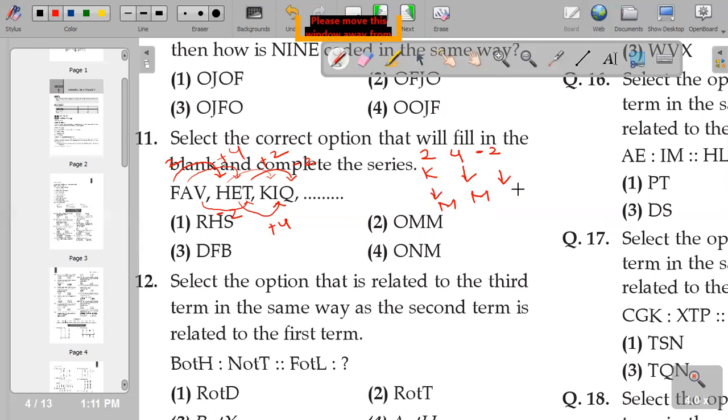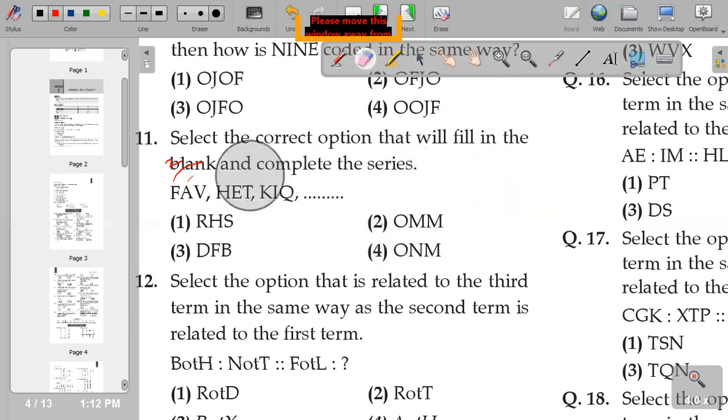Q minus 2 will become O. So the options should be M and O. If it is not in the options, don't worry, just change your option. It will be M and O. So we will move on to the next question.